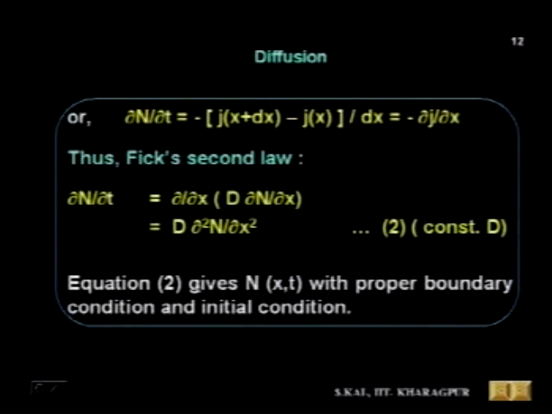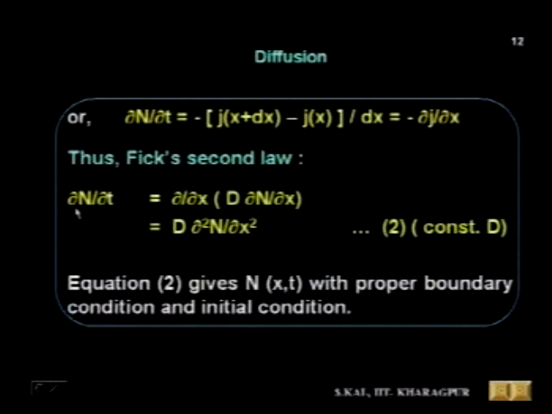So now equation 2 gives n of x, t with proper boundary condition and initial condition. This is known as Fick's second law. Fick's first law is J equal to minus D del n del x. Now the second law has the time variation also coming in, del n del t, isn't it?